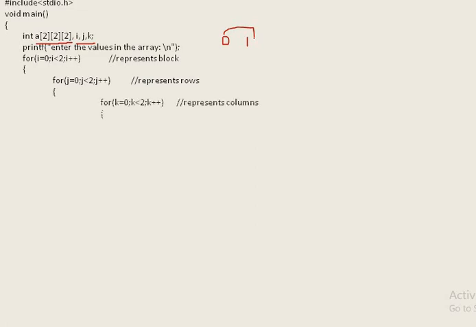There are 3 for loops used, and in the same way as we have done in two-dimensional arrays, we can use the code here. Starting at the first for loop, the outer for loop is used to represent the block numbers, and it executes 2 times, as we have 2 different blocks. The inner for loops are meant for representing the rows and columns.